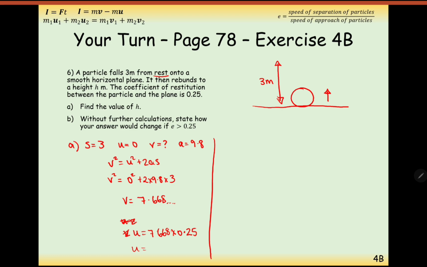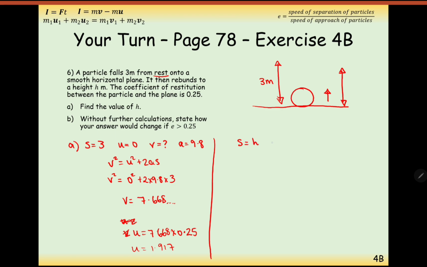And that gives an answer of 1.917. Excellent.